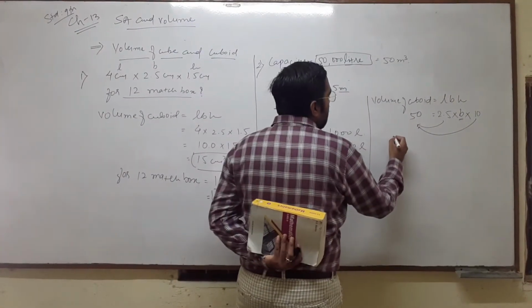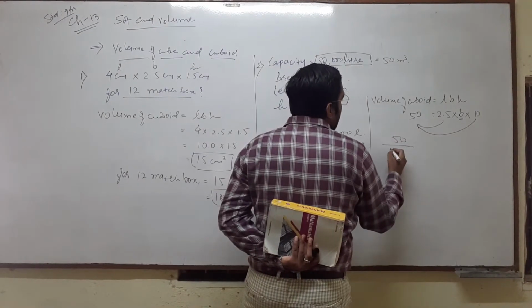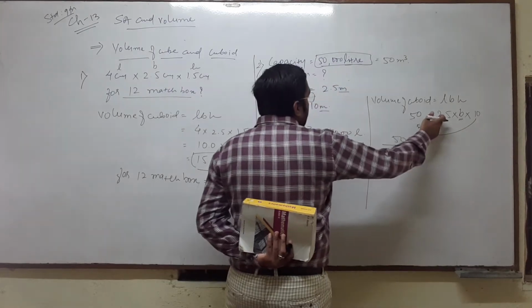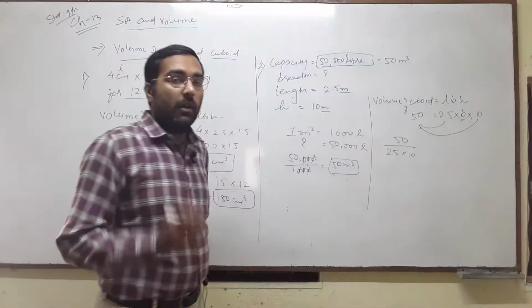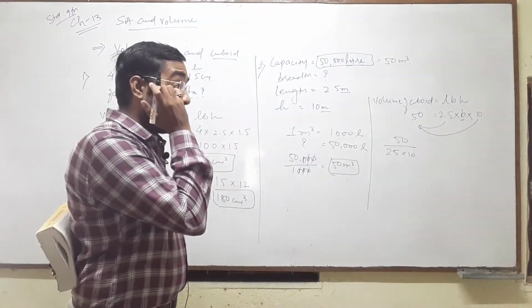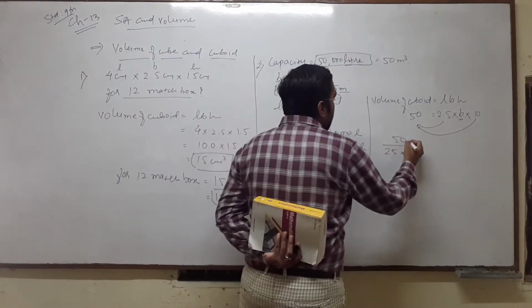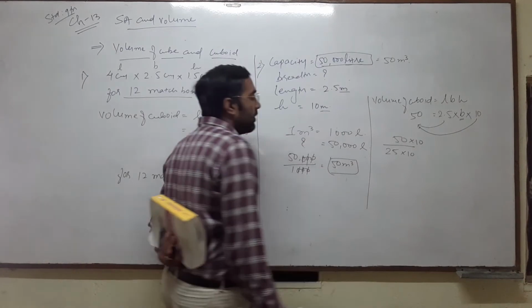So 50 divided by 25 into 10, and to remove the decimal point from 2.5, I'll multiply 10 in the numerator.